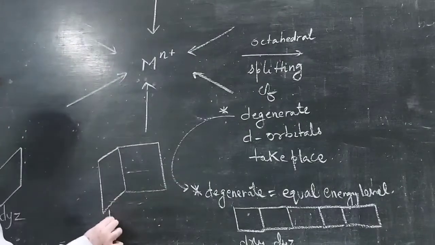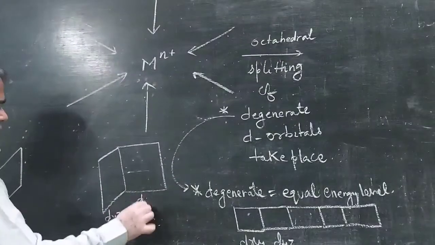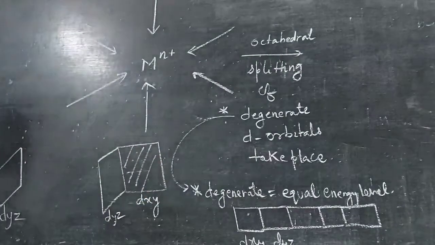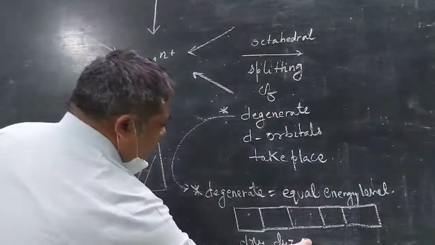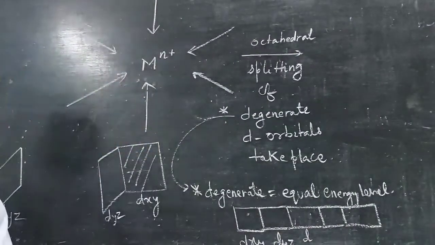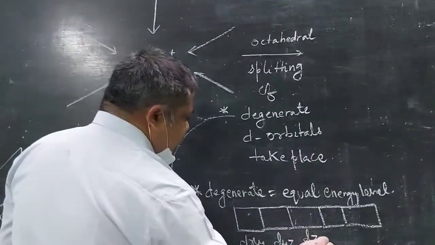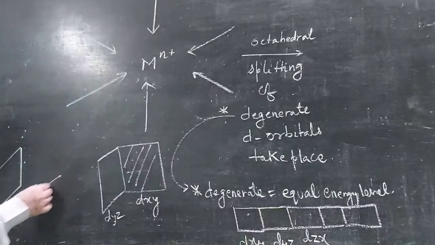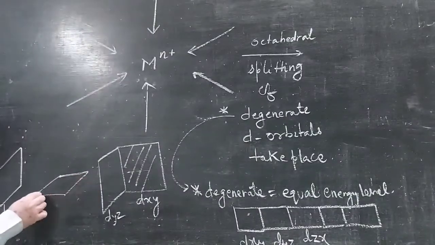Okay, this is dyz, this is dxy. Alright, then dzx will be this one.